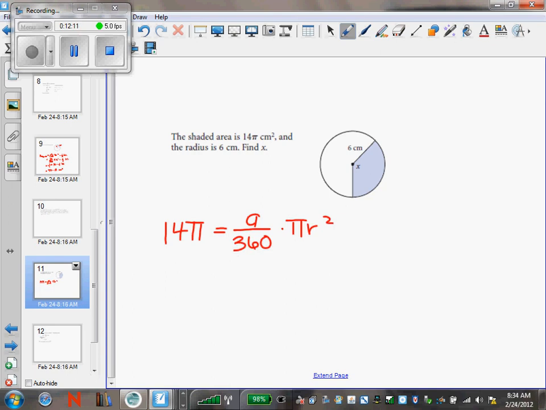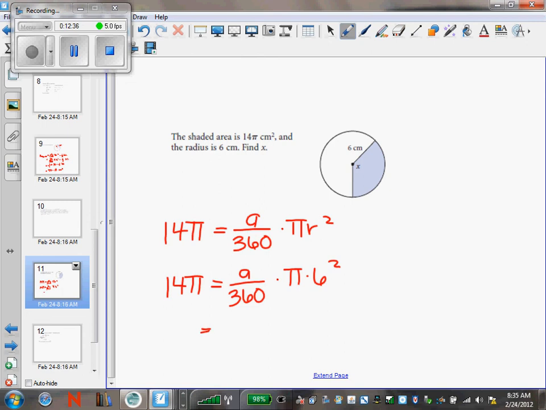I don't know A. That's what I'm looking for. The radius is 6. So 14 pi equals A over 360 times pi 6 squared. So if we simplify that, 6 squared is 36.